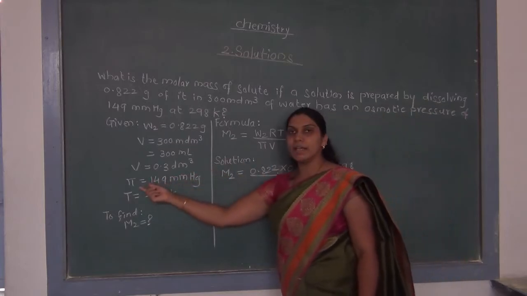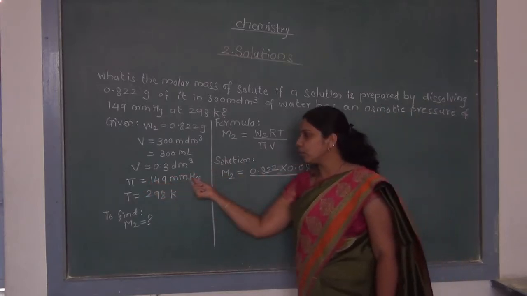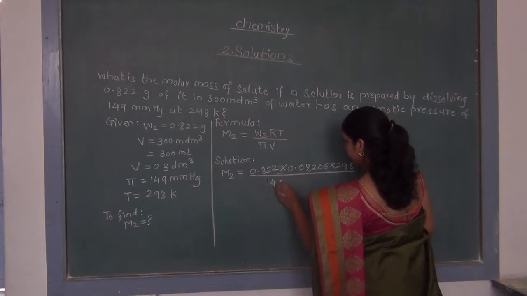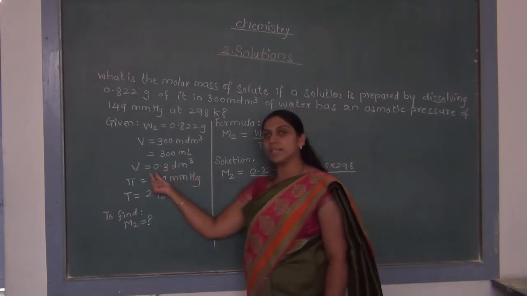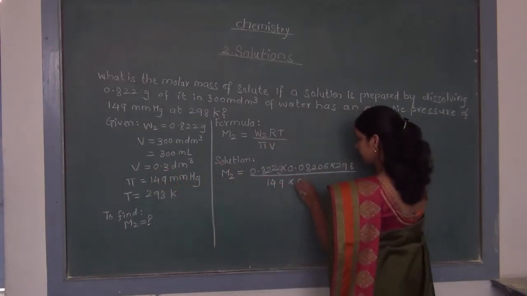What is the value of pi? Osmotic pressure, 149, into V. What is the value of V in decimeter cube? It is 0.3.